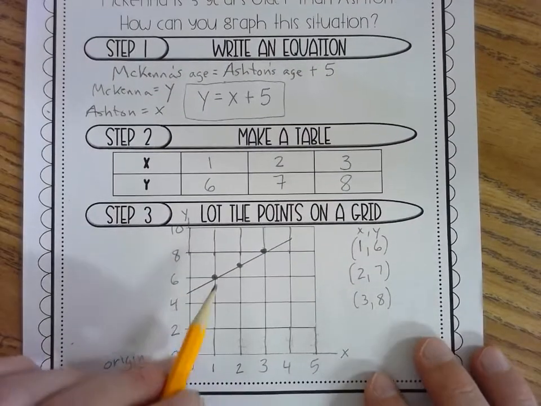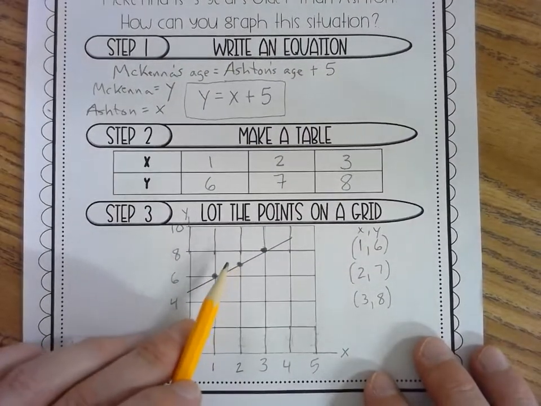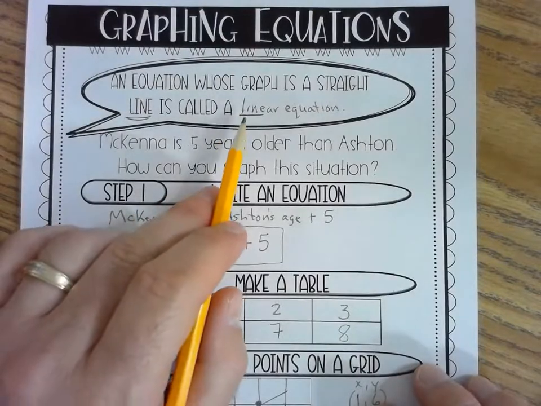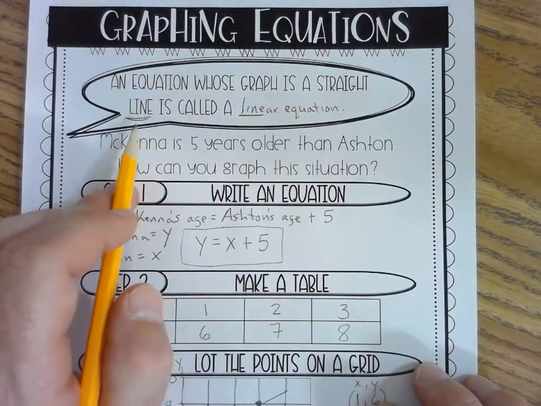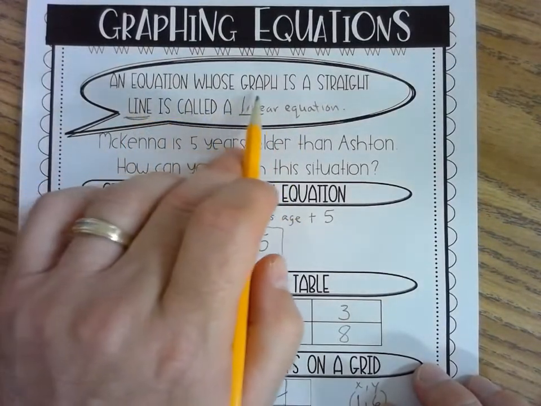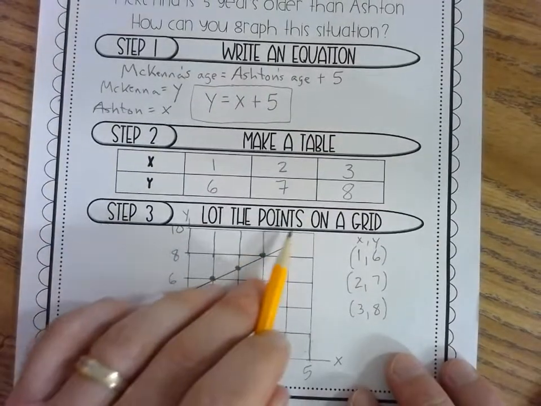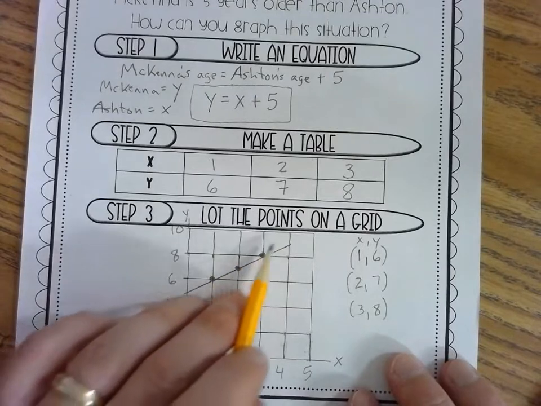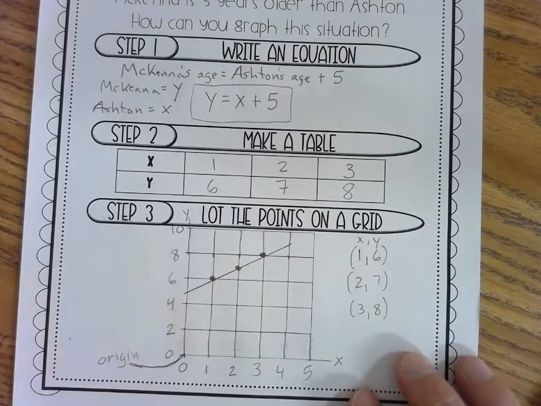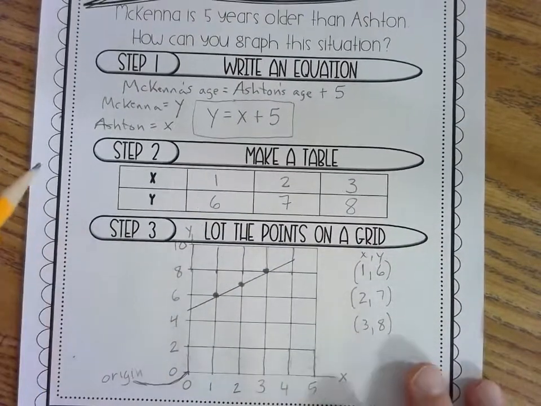And this is called a linear equation because it's an equation whose graph is a straight line. All right, I have a straight line here. This is a linear equation. All right, so that's how you can graph these equations.